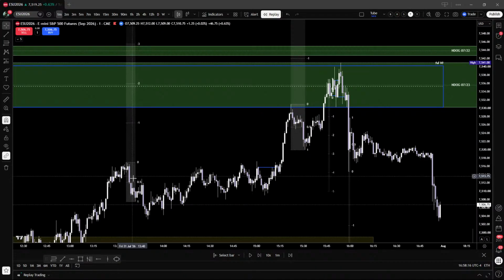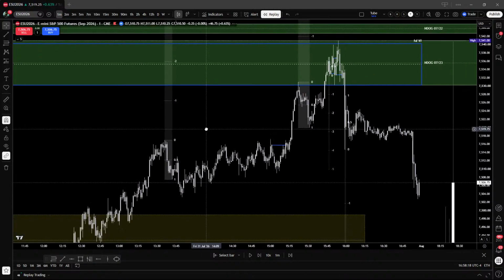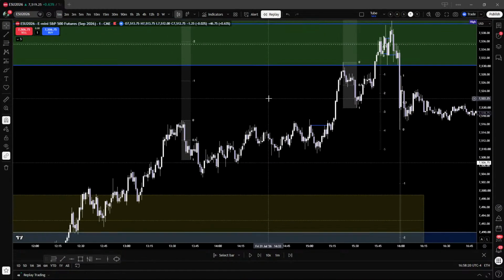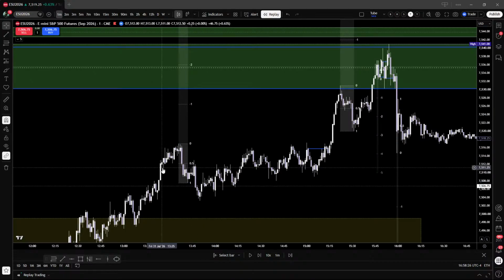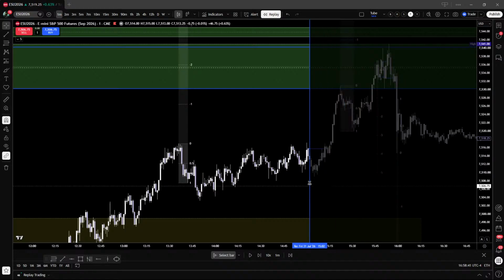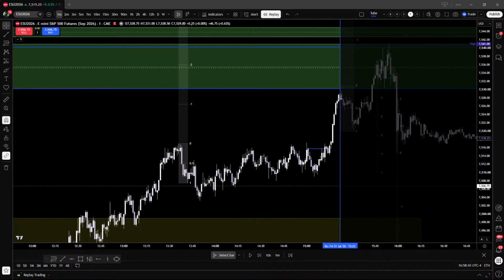Anyway, here I already drew this. Now you know because we can see this, but until price made this move, we didn't see it, right?